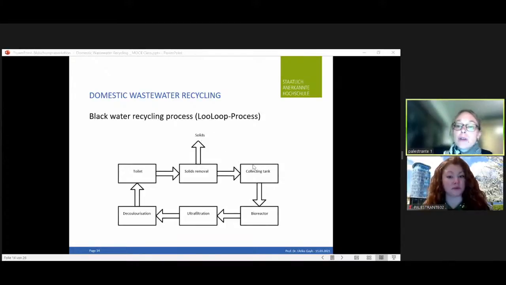You have a collecting tank, and then you have a bioreactor. A bioreactor is useful for all the wastewater treatment plants. You have a biological process, and these species which are living there, the microbiological reaction, they degrade all the organic load so that the water is clean afterwards.